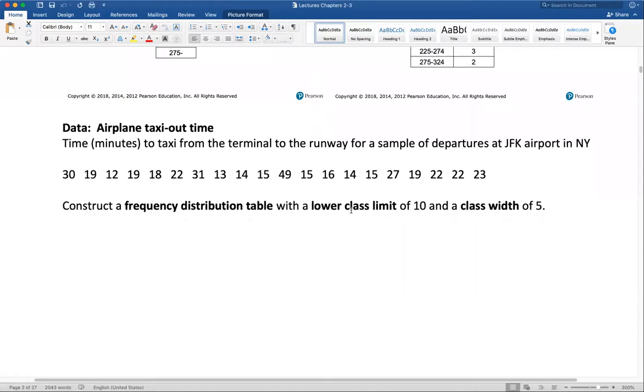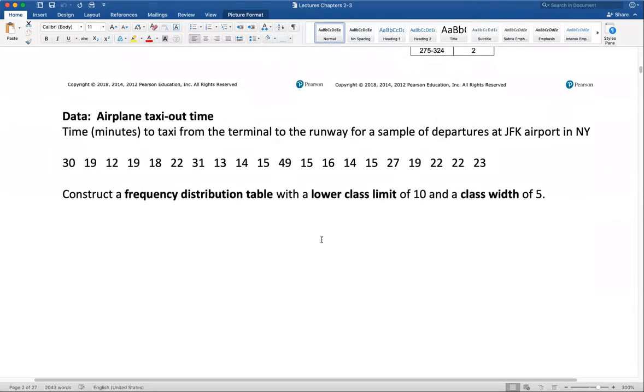Let's see these examples in the lecture note handout. The data represent airplane taxi out time, the time in minutes to taxi from the terminal to the runway for a sample of departures at JFK Airport in New York.